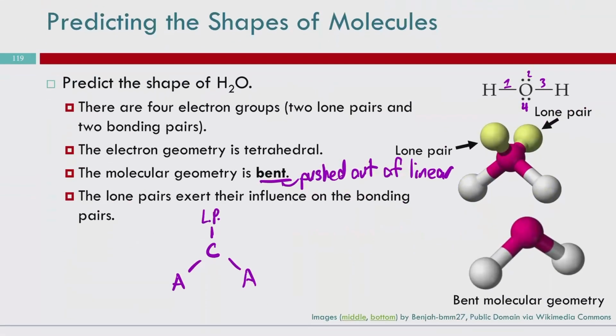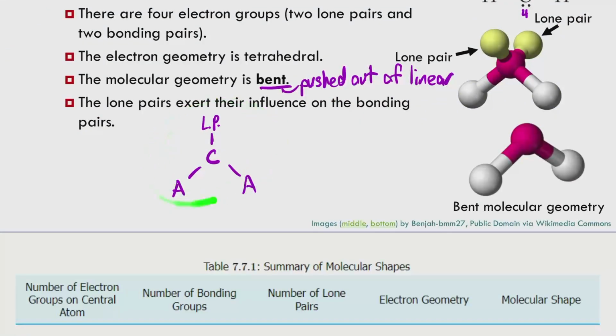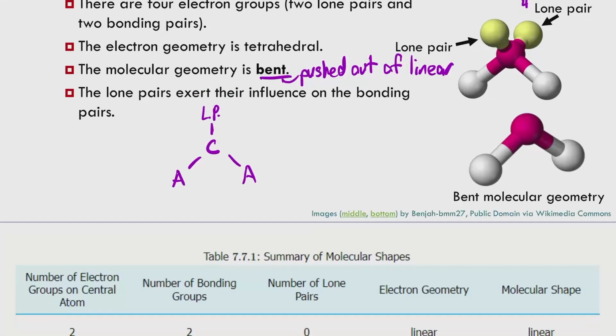And we can also have a bent shape where we've got 2 lone pairs, and those 2 lone pairs are forcing the atoms out of the linear shape so that they're bent instead. And we could also get that with this shape here, so where we've got a trigonal planar electron geometry and then a bent molecular geometry.